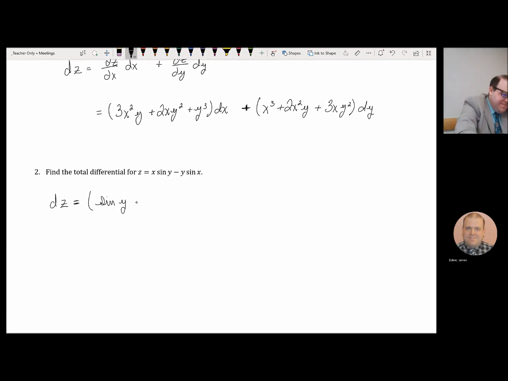Then would be contemplated. It would be negative y cosine 1. 1? Oh no, then you would.